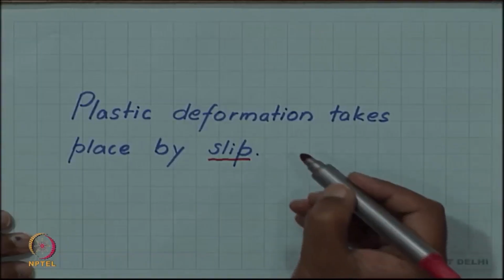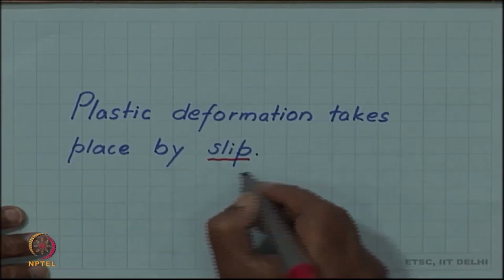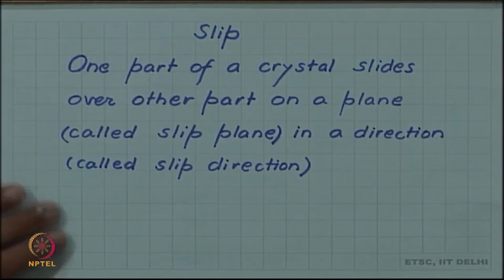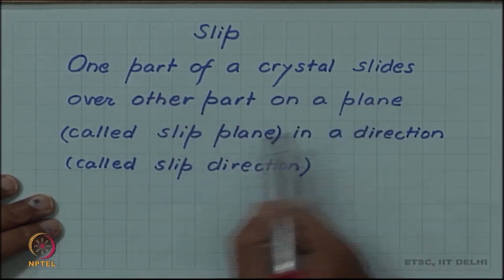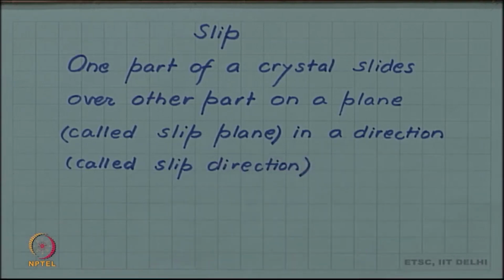To explain that, the plastic deformation was understood to take place by slip, and by slip we meant that one part of the crystal slides over the other part on a plane called slip plane in a direction called slip direction.